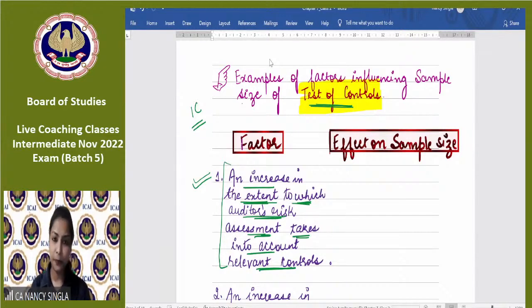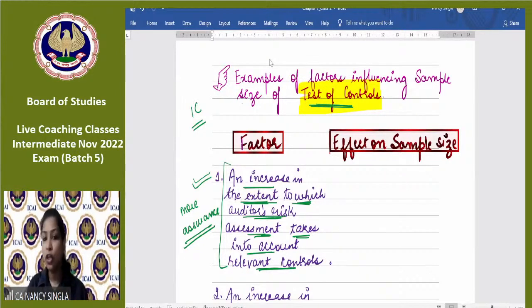So tell me, basically it wants to say that the auditor needs more assurance. Right now we are talking about only test of control, internal control. Okay? So the auditor needs more assurance. Now in such a situation, tell me, will the sample size with respect to test of controls be more or less? So the answer is what? It will be more. Simple.